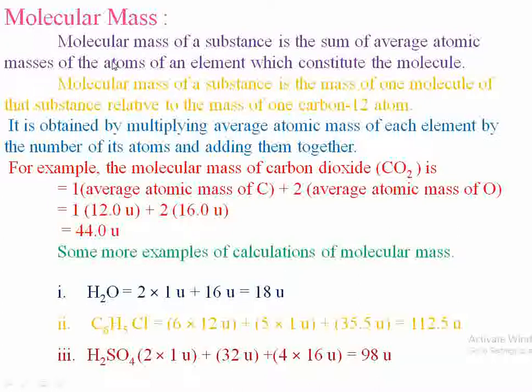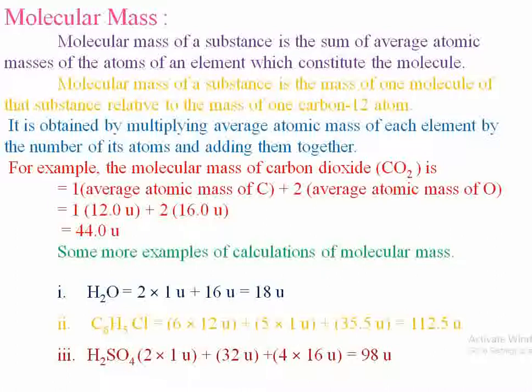Then the molecular mass. Molecular mass of the substance is the sum of average atomic masses of the atoms of an element which constitute the molecule. In a molecule, each molecule contains different atoms.